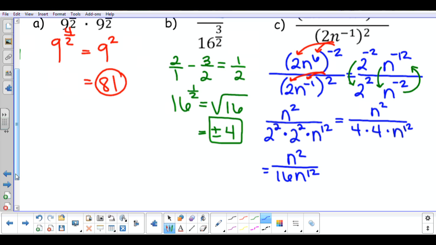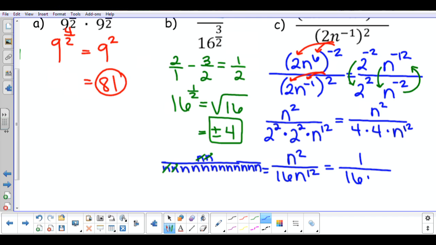And the last thing we need to do is simplify our n's. I have 2 n's in my numerator, and I have 12 n's in my denominator. That means I can cancel out 2 n's, and it's going to leave me with 10 in the denominator. So that's going to wipe out my numerator.